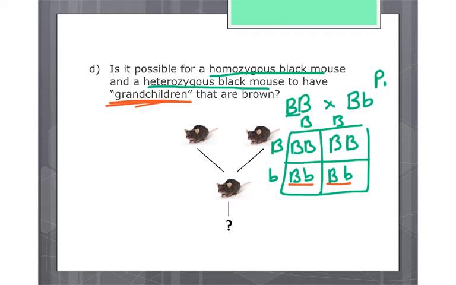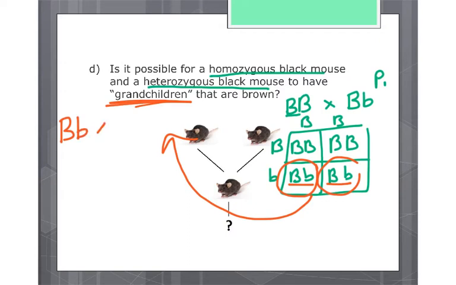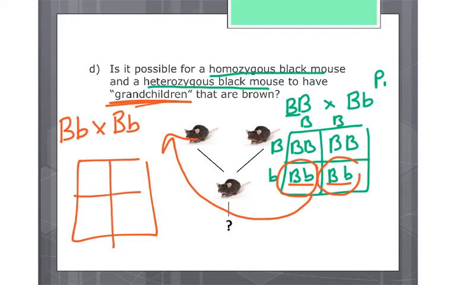Well, what if one of these individuals ends up mating with maybe a mouse who is also black, but heterozygous? So when I look at my Punnett square, same thing, one parent goes here, the other parent goes down the side.